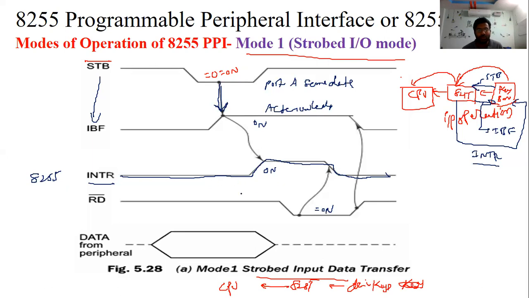Why? Because this interrupt cycle is on until the input buffer full is complete. It requires that the device does not send any additional information to load into this 8255 PPI port.